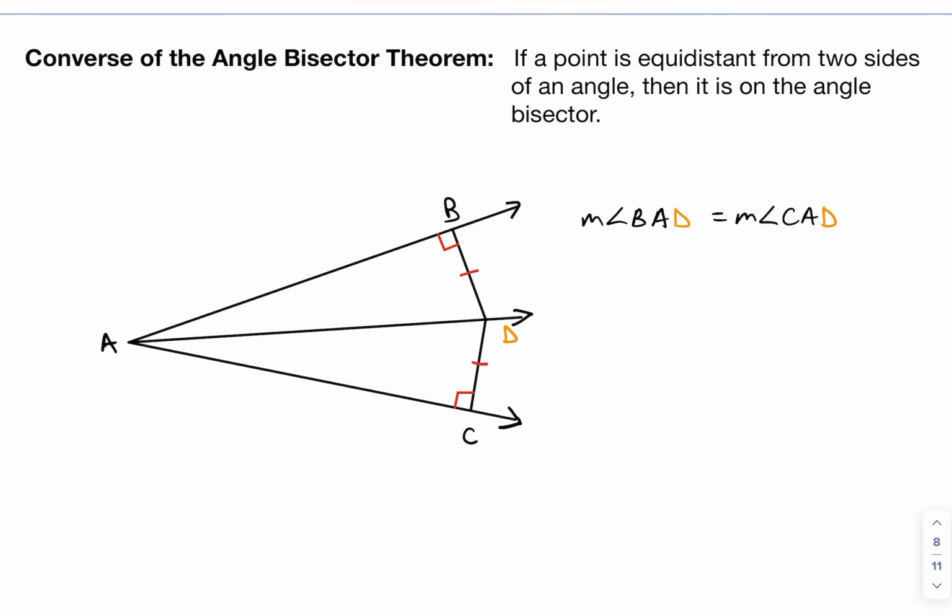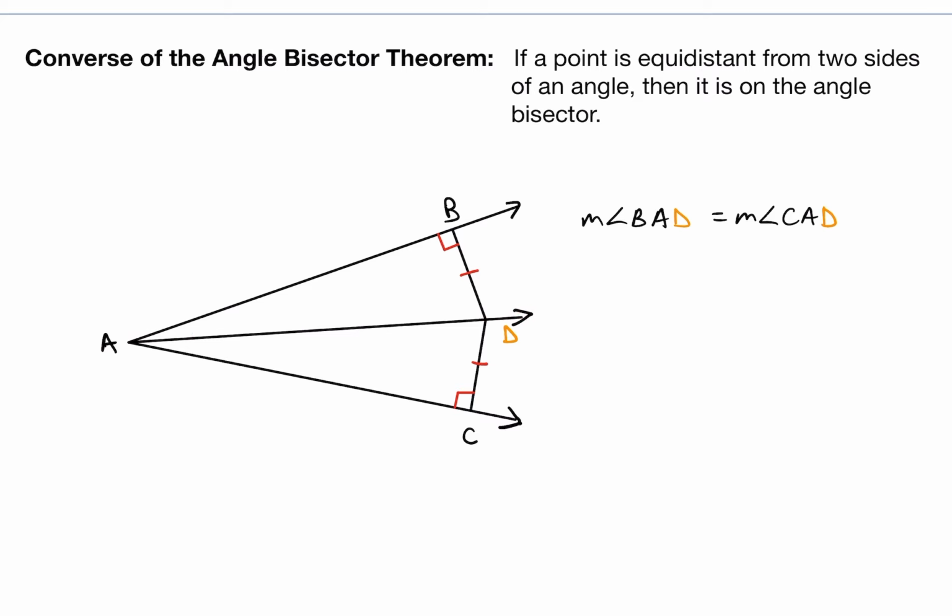Here's the converse of the angle bisector theorem, and it states that if a point is equidistant from two sides of an angle, then it is on the angle bisector. Okay, so in other words, we have point D, and if this segment BD is equal to segment CD, then we know that this point is on an angle bisector.